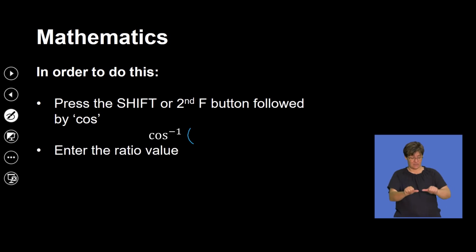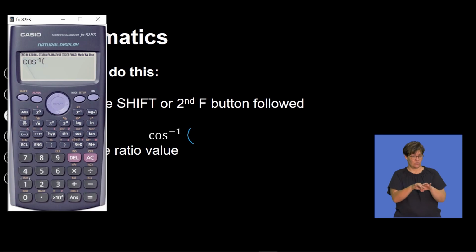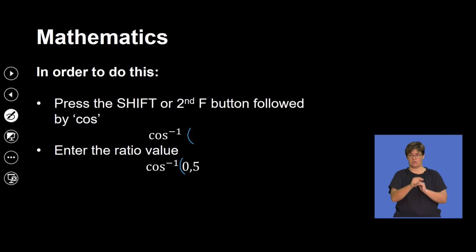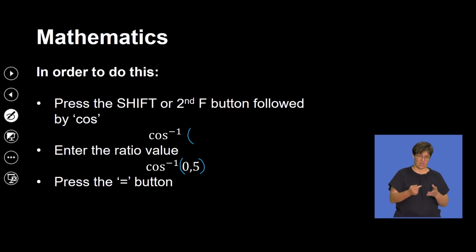And then from there, you enter the ratio value. Remember our ratio is 0.5, you close the bracket, right? So it means you enter the 0.5. It is just that it's going to be inside the brackets there. It doesn't really show it here. And then, you know, your OK or your enter button is always the equal sign button.